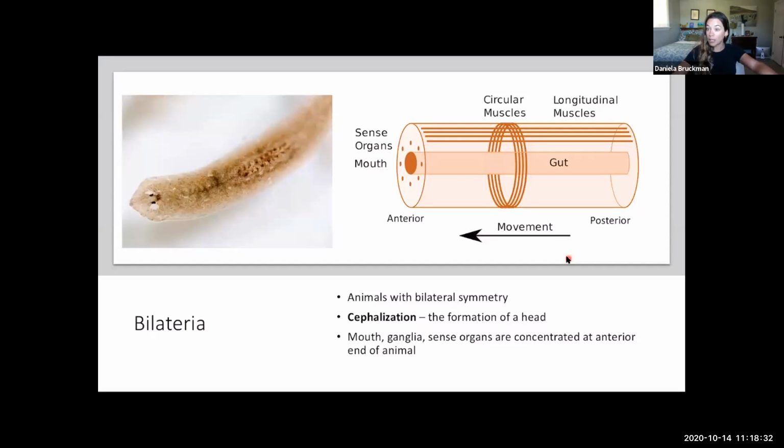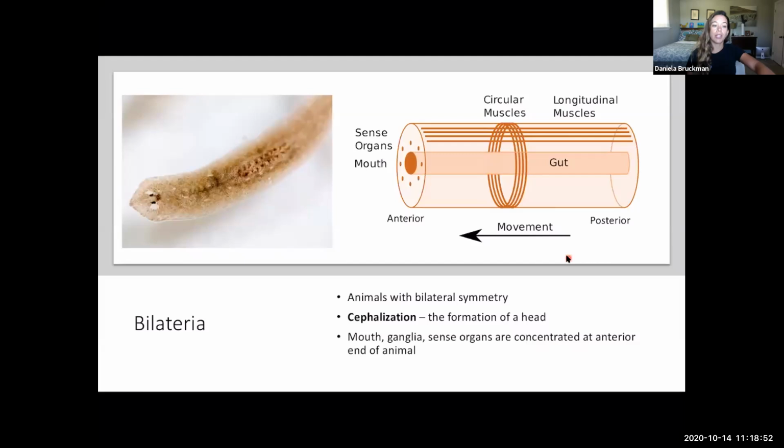So before we jump into the specific phyla, let's begin with an introduction on the bilaterians, right? These are animals that have bilateral symmetry. They have a single plane where you can divide the animal and have a symmetric side on either end.